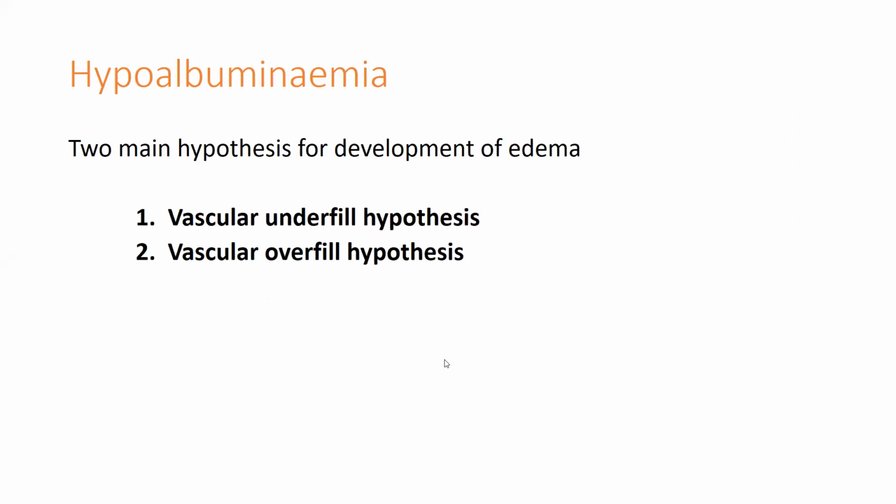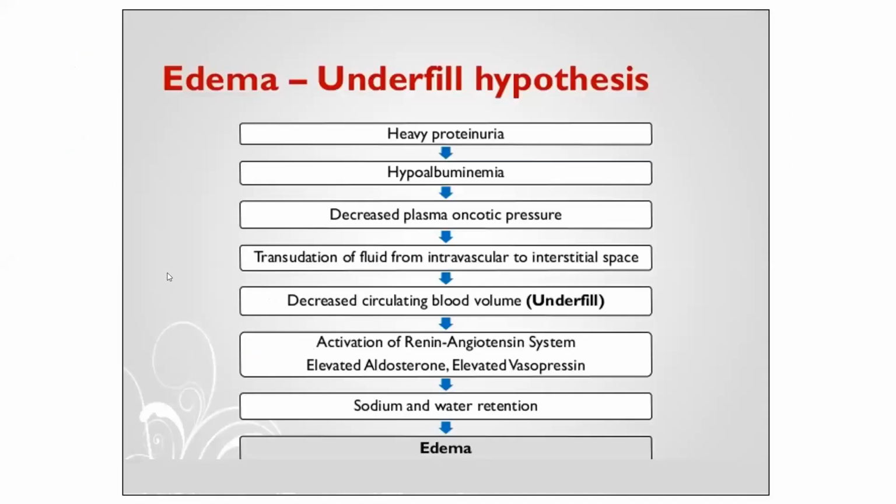If you talk about hypoalbuminemia, how does this occur in nephrotic syndrome? There are two main hypotheses. One is called the vascular underfill hypothesis, and the other is called the vascular overfill hypothesis. In the underfill hypothesis, if you have heavy proteinuria, you lose a lot of albumin, so your serum albumin levels go down.